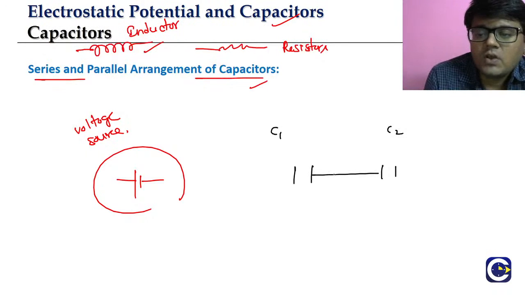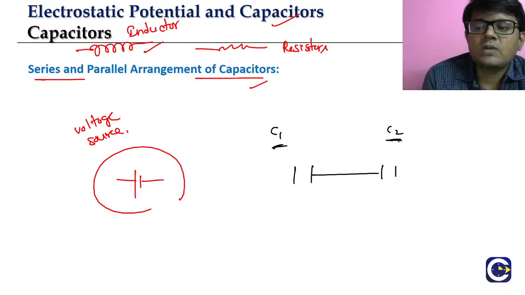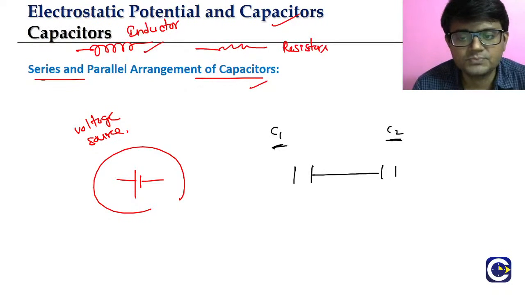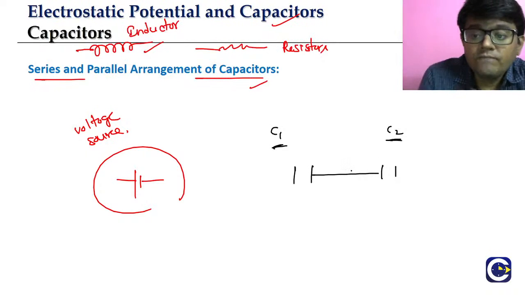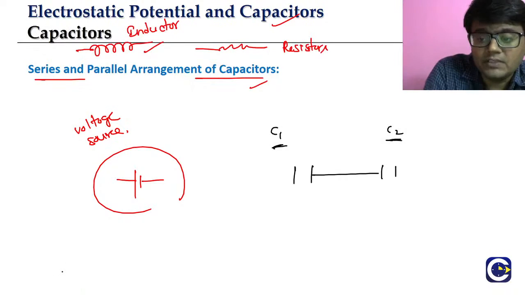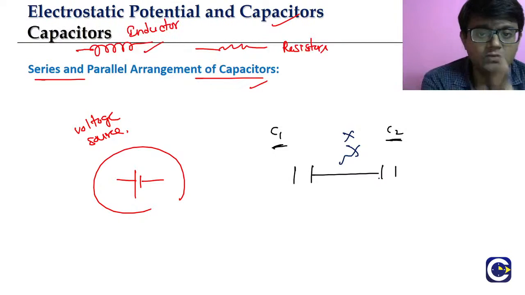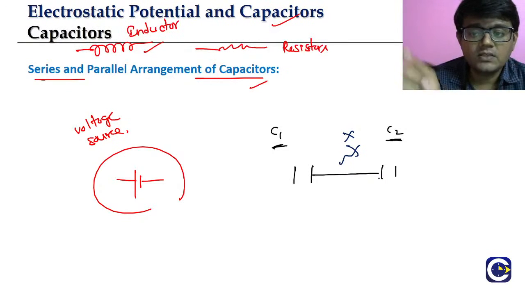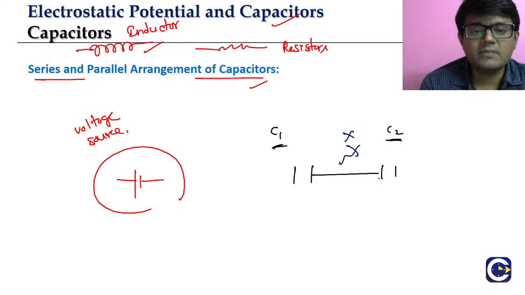If one plate of capacitor C1 is connected to the other plate of capacitor C2, without any junction or link in between, straight from capacitor C1 one plate is connected to the next plate of C2, if such a connection is there, then we call it a series arrangement.